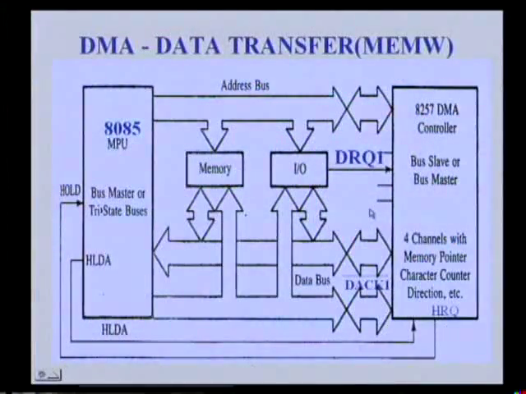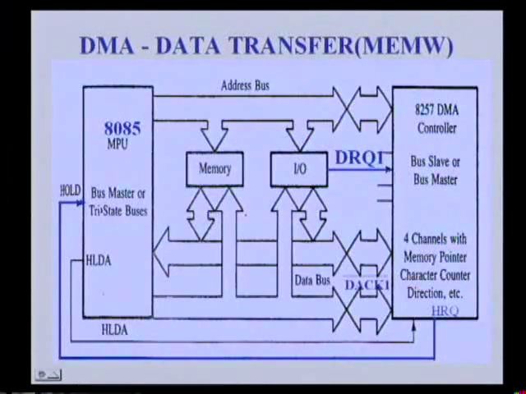First, the I/O device in this particular case is connected to channel 1 through the DMA request pin. See, the I/O device is requesting the DMA controller. As a result, the DMA controller activates its HRQ pin, that is hold request. Because 8257 is now in slave mode, it requests the microprocessor to relinquish the buses so that it can make use of them.